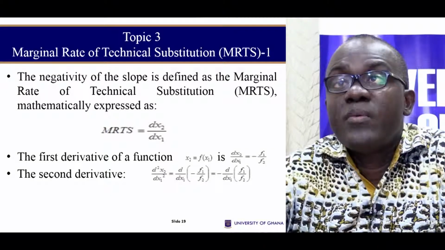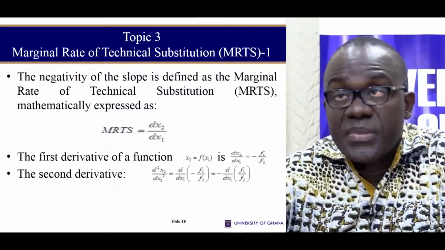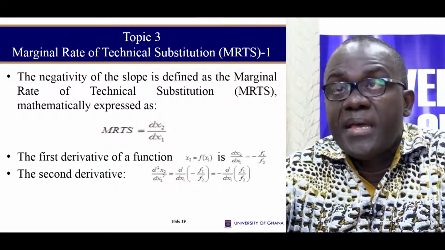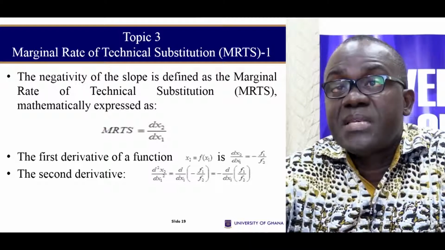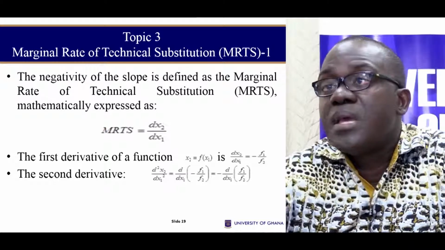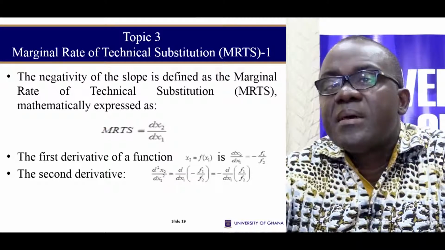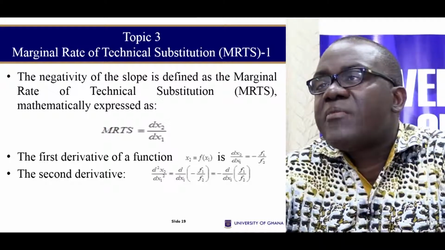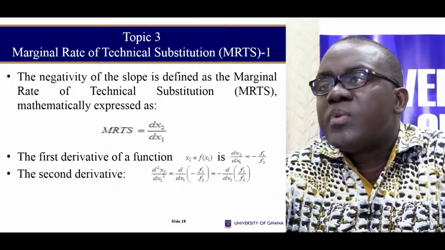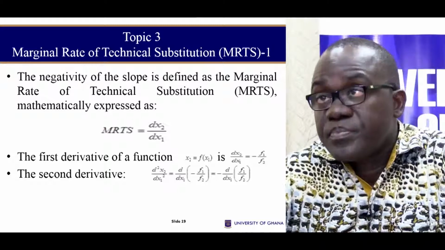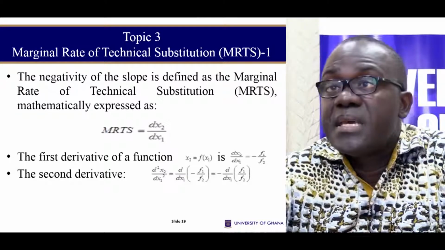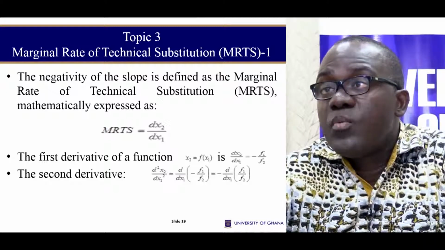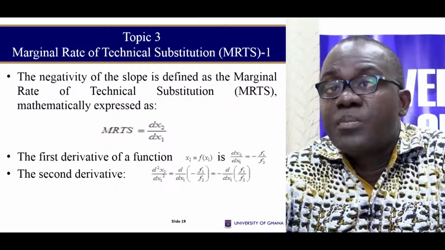In order to do that, we take the first derivative of the second input with respect to the first input, and that gives us the marginal rate of technical substitution. When we take the first derivative of that function, we get what we have over here. The simple reason we have a negative is that as one input increases, the other should decrease, so that we can assume the same level of output.